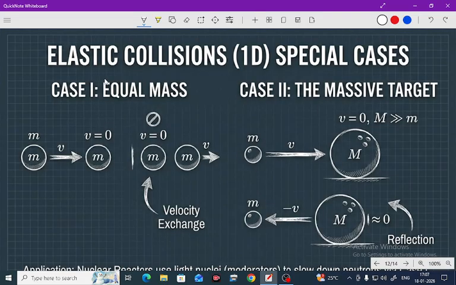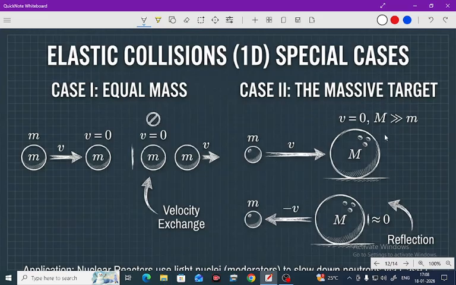Number 3 is elastic collisions in one dimension, special cases. Case 1: equal mass. If the masses are equal, with the target at rest, this is velocity exchange. The moving mass will stop and the other mass will take its velocity. Case 2: a massive target.